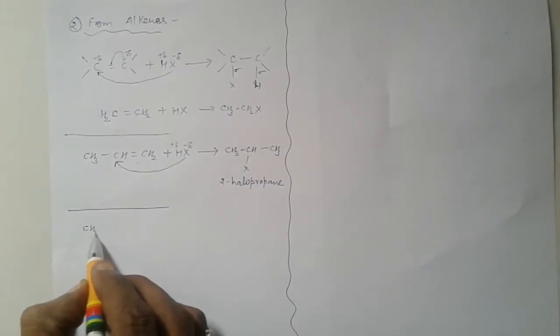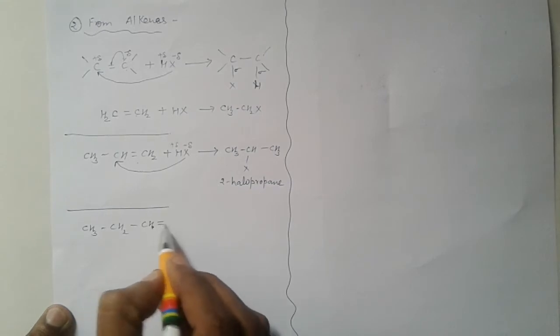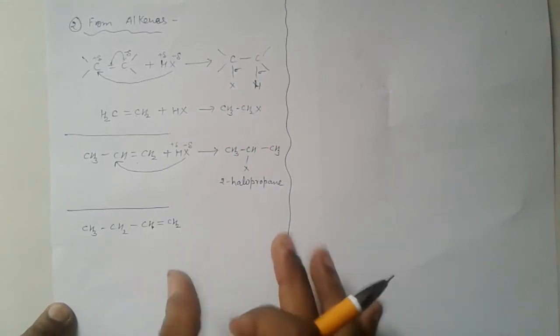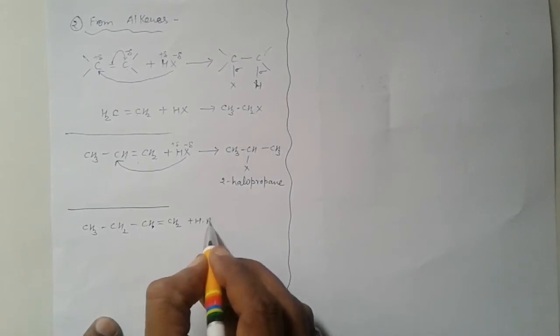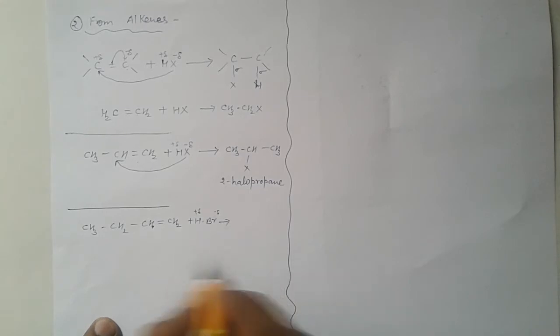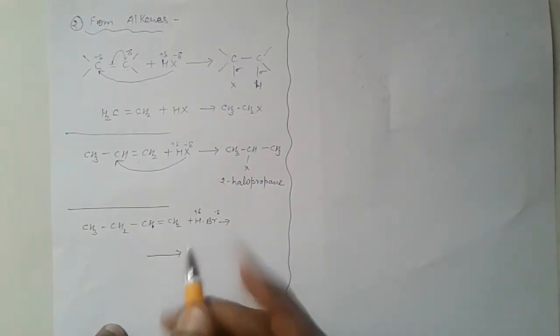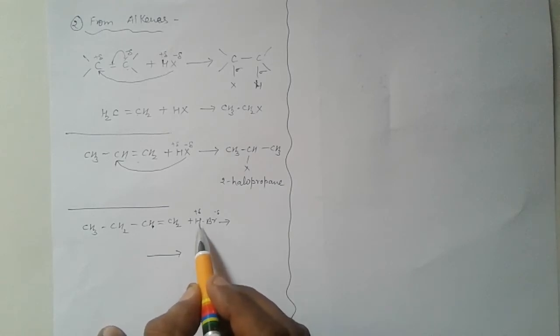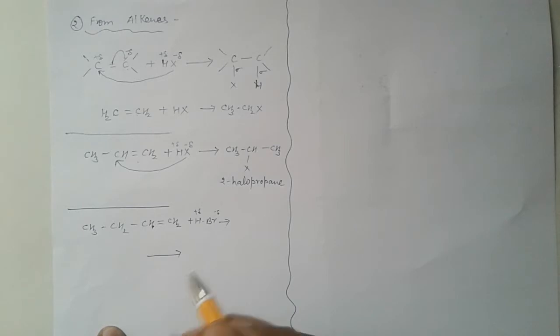it is 1-butene and it is an HBr molecule. When HBr is added to 1-butene, 1-bromobutane is formed.